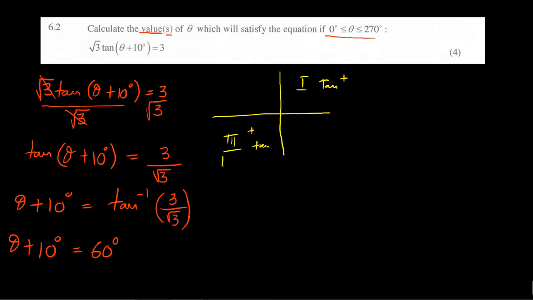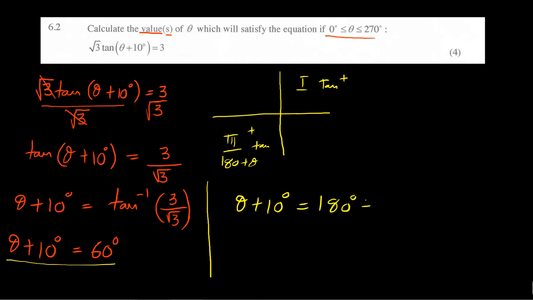And in this third quadrant, it is 180 plus theta. So the first answer is that part, and the second one is theta plus 10 degrees is equal to 180 degrees plus 60 degrees. Okay, then you have to now solve for theta.